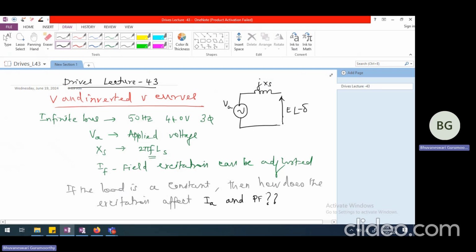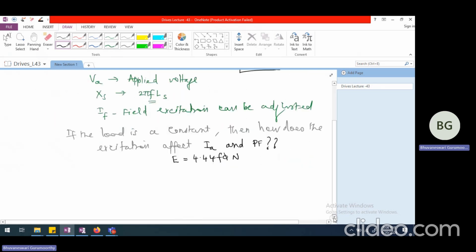So for this excitation voltage, we already said E is equal to 4.44 F phi multiplied by number of turns. This is valid whether it is a transformer, a synchronous motor drive or an induction motor drive. All of them are going to follow this equation.